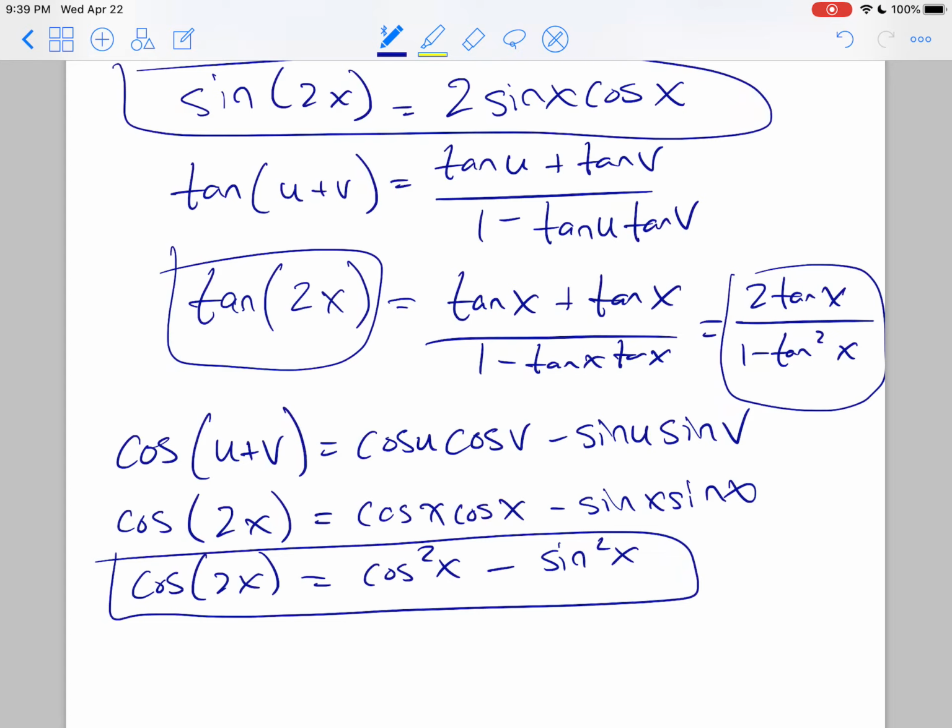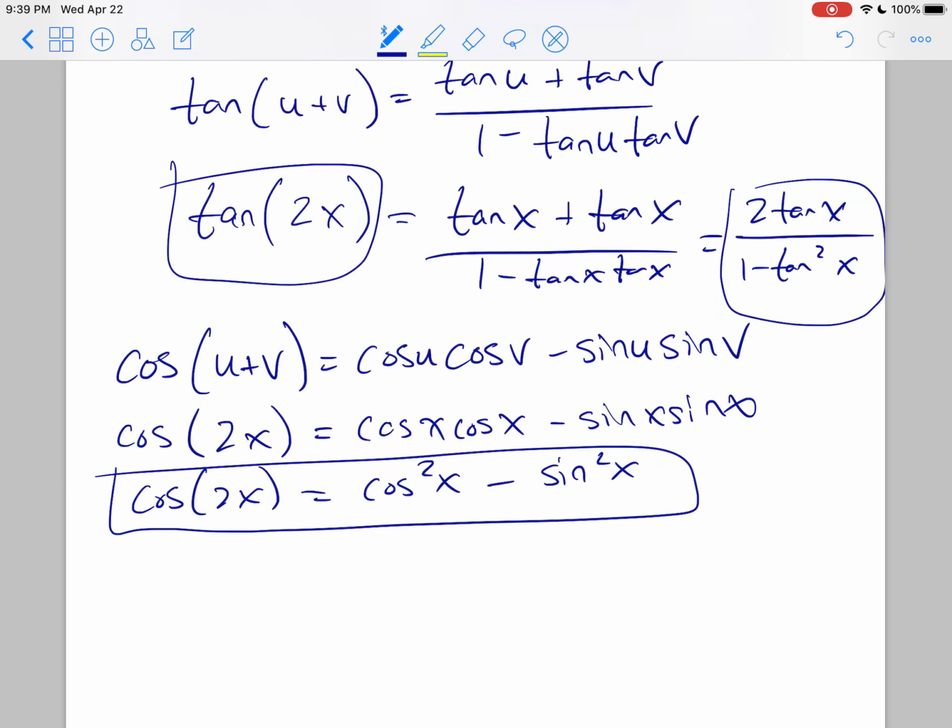But then I can go ahead and substitute in 1 minus sine squared x for cosine squared x using the Pythagorean identities. And when I do that, I get 1 minus sine squared x minus another sine squared x. So this is what cosine squared became.